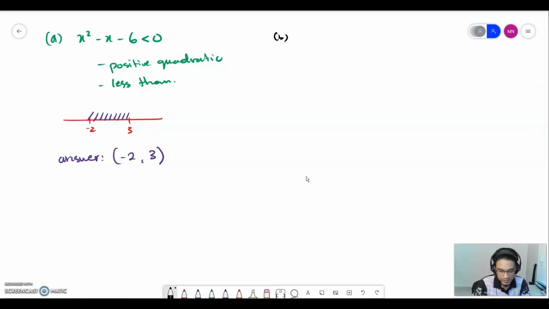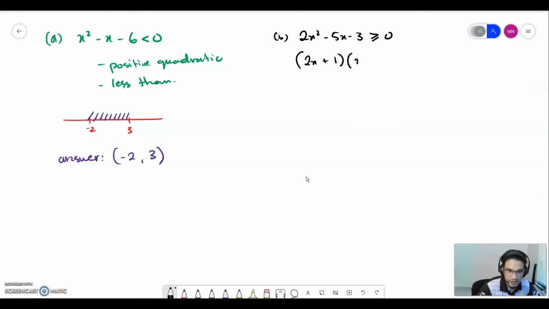Okay, next, our example B. That is 2x squared minus 5x minus 3 is bigger than or equal to 0. Okay, firstly, we factorize the inequalities. So that means we have 2x plus 1 and we have x plus 3, that is bigger than 0.